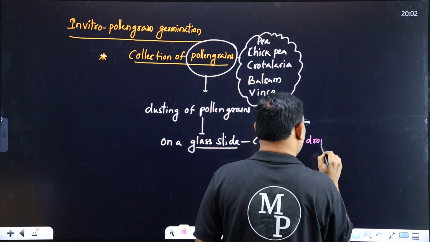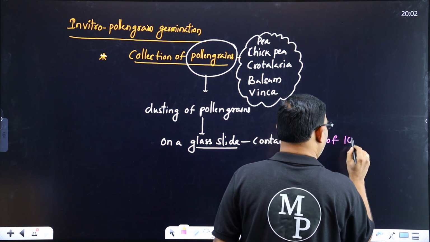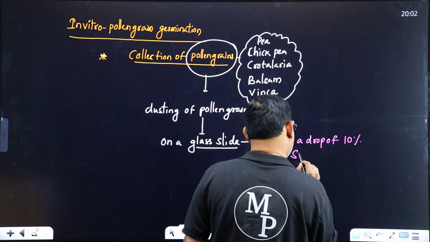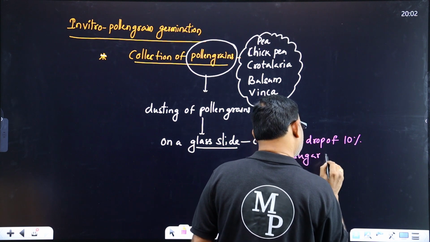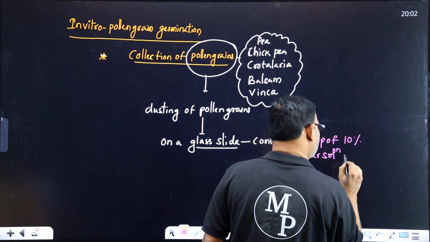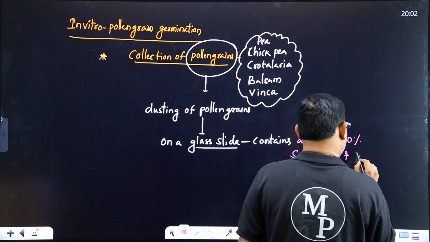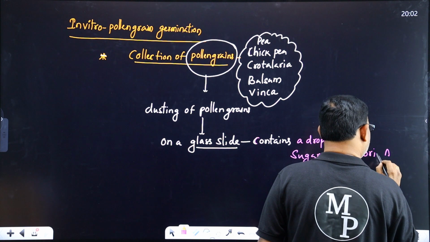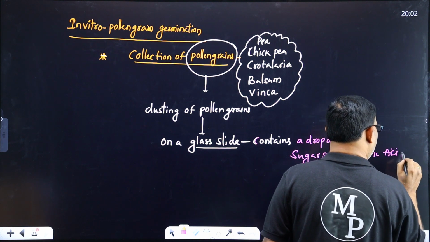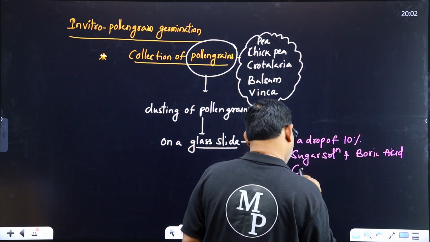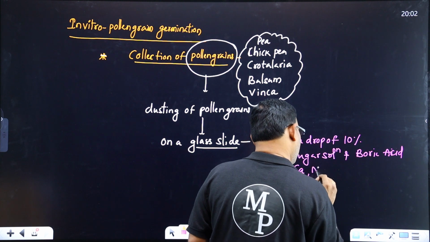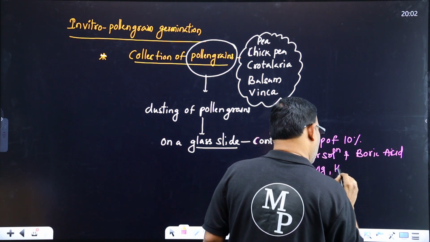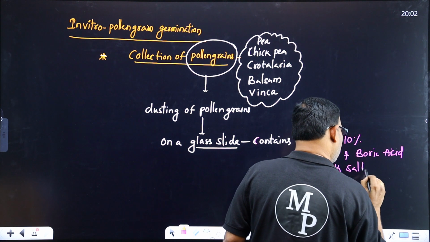The glass slide contains a drop of 10% sugar solution and boric acid, then calcium, magnesium and potassium salts also.